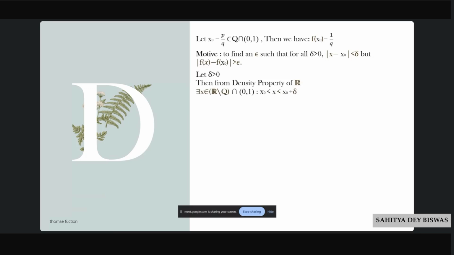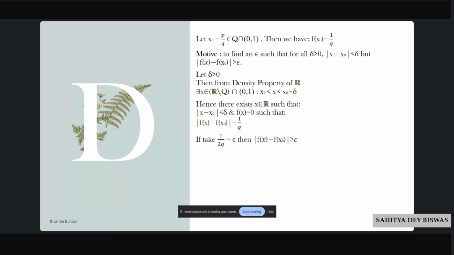From the density property of R, I can say that there exists an irrational number x in 0, 1 which lies between x0 and x0 plus delta. So there exists at least a real number x such that mod of x minus x0 is less than delta. And since x is an irrational number, f of x equals 0, such that mod of f x minus f x0 equals 1 by q.